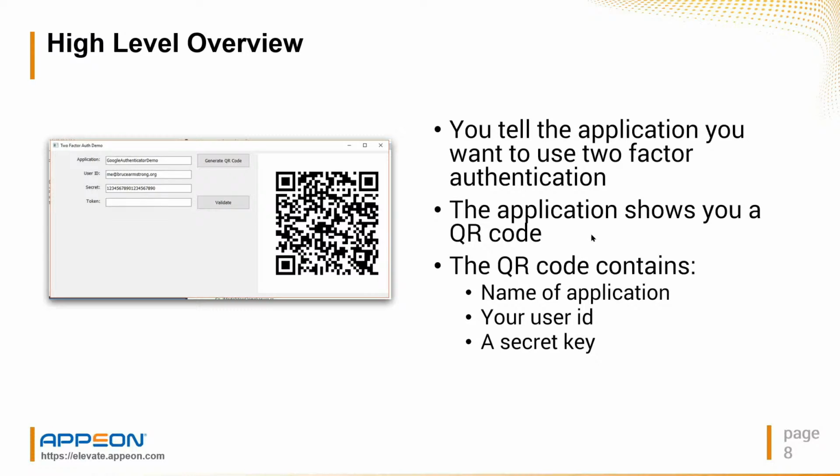Then in your application, you would determine what that PIN value should be and compare it to the PIN value the user entered. If it doesn't match, then it wasn't generated using Google Authenticator with that user ID and that secret code, and so you would deny access to the application.